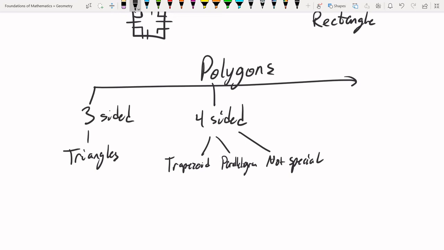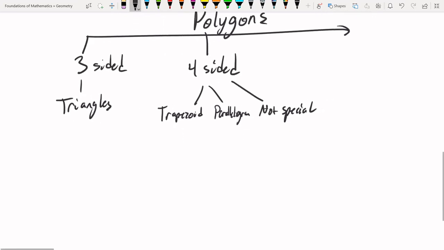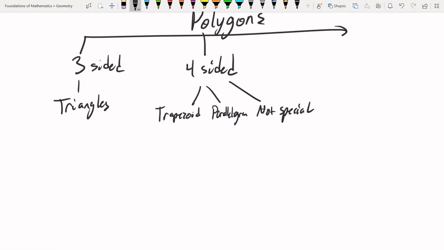Trapezoid can be further broken down, but it's not really used in very many things. Parallelogram or rhombus. And a rectangle. Rectangles have 90-degree angles on the sides, and a rhombus has all equal sides.